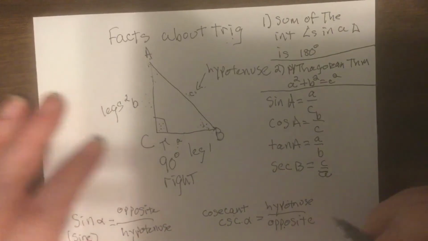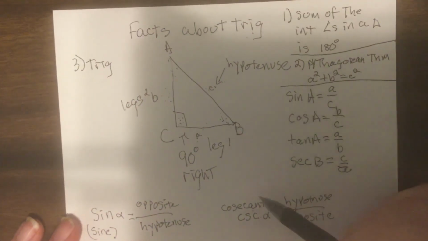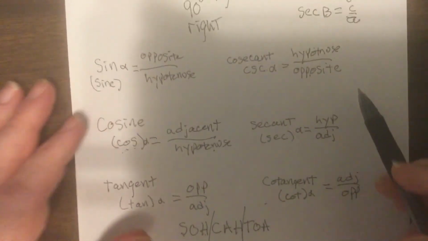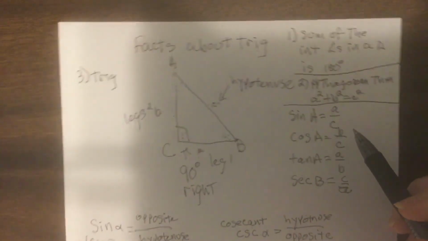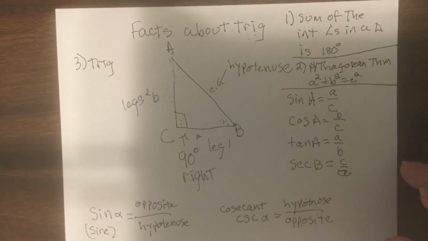Then the last thing is trig. So you can use the 6 trig functions. And I'm going to show you that in this lesson. And then I'll make a video on that probably tomorrow. And then Friday we'll go over it.